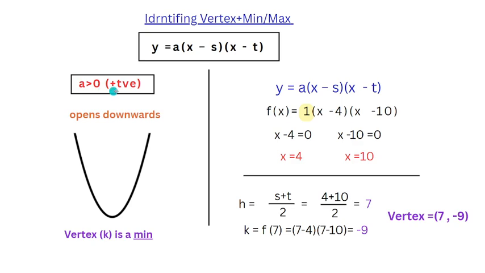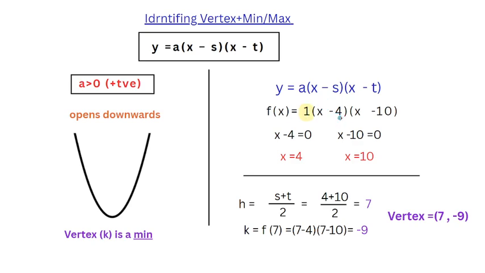A is positive, then the parabola opens upward and the vertex k is minimum. Now we are not talking about the vertex, we are talking about the a. Till here we talked about the vertex. Now we will get the roots.